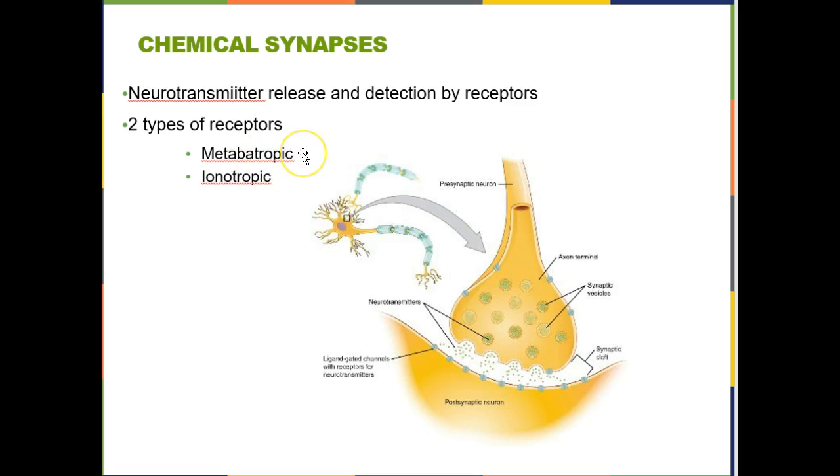So when you see that suffix tropic, that means stimulating or changing. So a metabotropic receptor is going to alter the metabolism or the physiology of the cell. An ionotropic receptor is only going to affect ion flow.